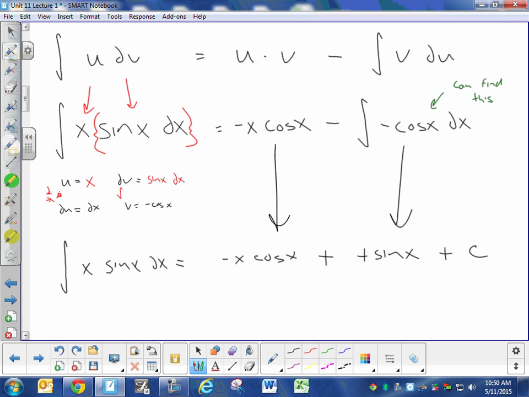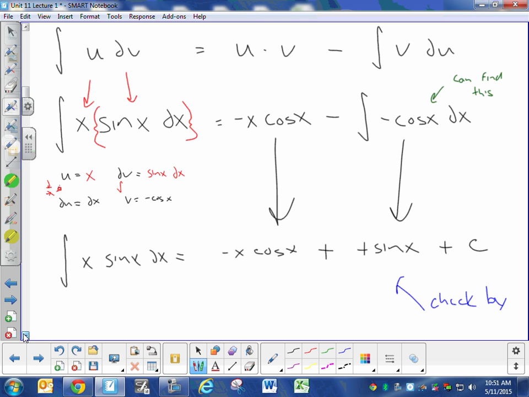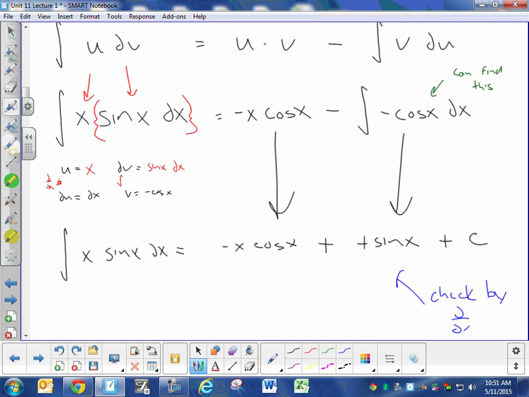Now, how do I know if that's correct? Let's take the derivative of that and make sure it's correct. Don't forget the product rule.